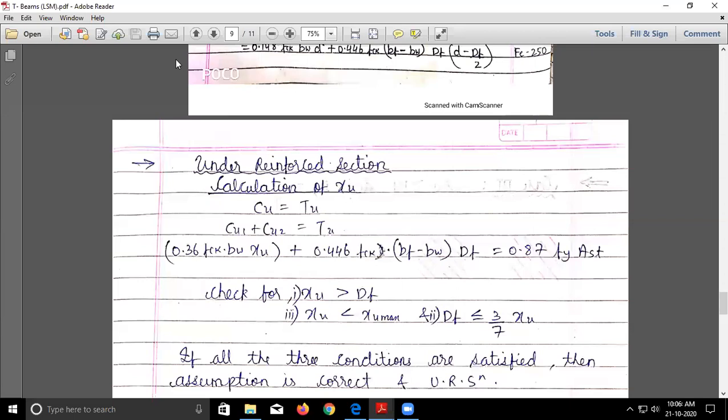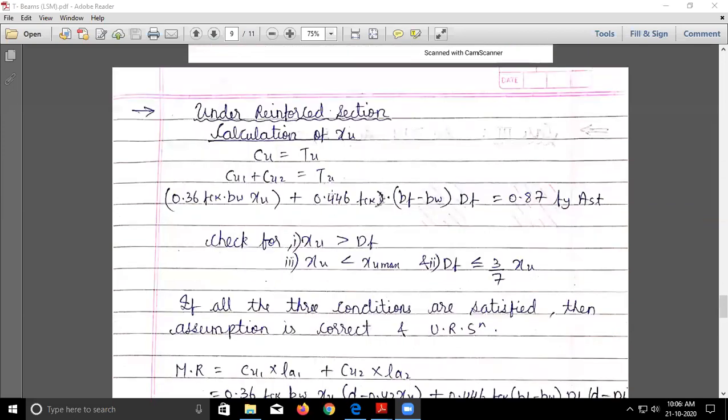Others please mute yourself, everyone. So this is how you are going to find out your XU.